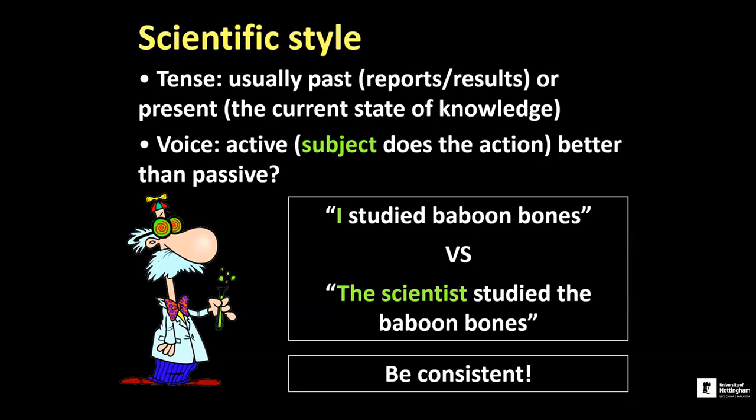So if we think about first versus third person, a common thing that you might do if you're writing a practical report or a project is to use the first person to emphasize your work in comparison with published work. So for example, in the discussion section of a paper, I mean a project write-up or a practical write-up, you might be talking about the literature that provided the context for your study, and then you might suddenly want to say, "yeah, but what I found contrasts with this previous study."